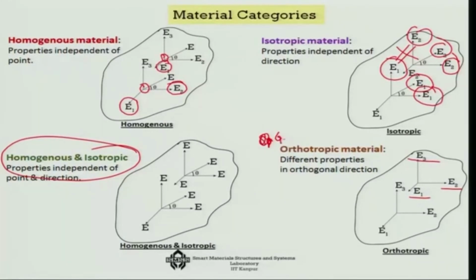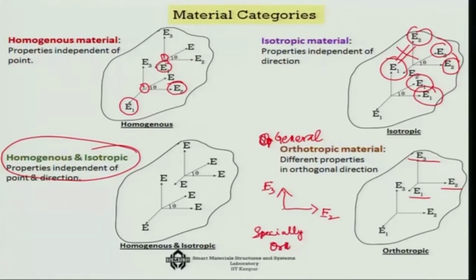This is for a generic general orthotropic material, but for a specially orthotropic material you may disregard one of them and it only varies in one set. That means, something like E2 and E3 will vary, okay, but E1 may remain the same. So, that is what happens for a specially orthotropic material.